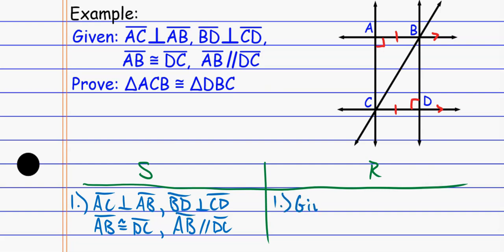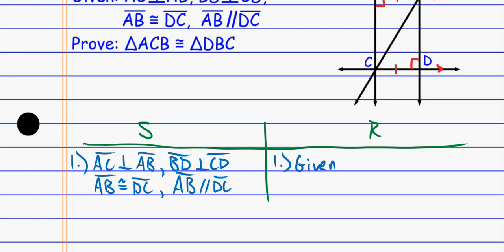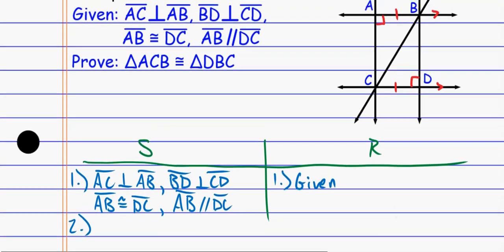So I say given. And then right away, when you look at this thing, this could be broken down very easily into multiple steps, all right? I could say that angle BAC is a right angle, and angle BDC is a right angle, all right? And that's really what I know. I know those are right angles because of the whole perpendicular lines thing.